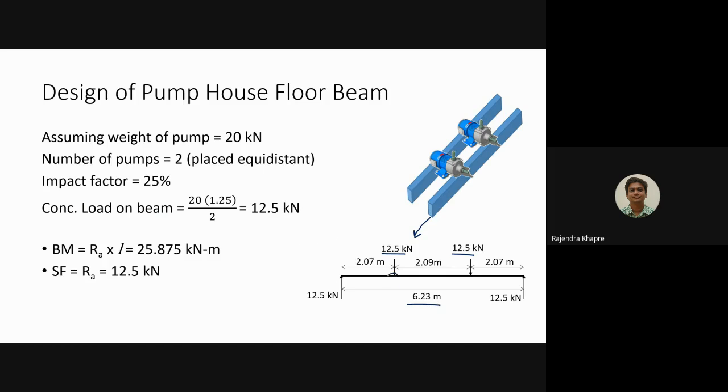Okay. So now if you do this calculations, so you are going to get the maximum bending moment, which is over here. Okay, and maximum shear force over here. Okay, so maximum shear force is nothing but Ra, that is the reaction at end A, assuming that this is A and this is B. So this will be same as 12.5. Okay, half of the load will go here and there.